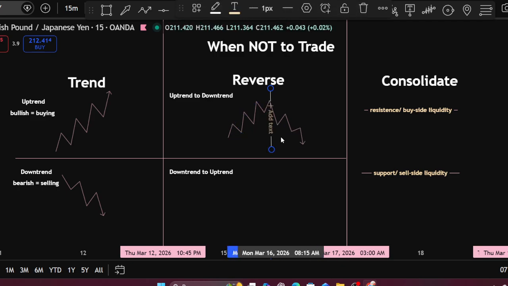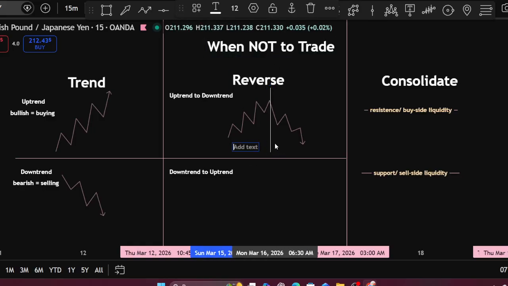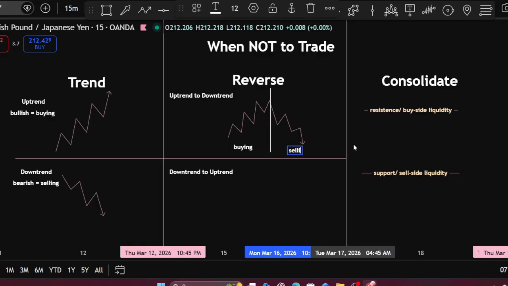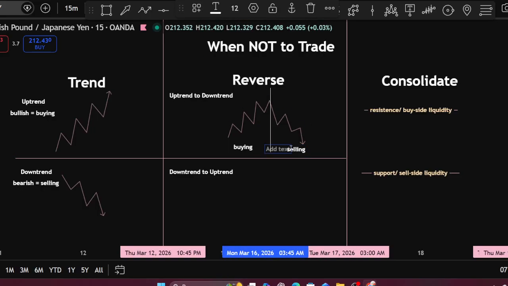So I'm going to say at this point, it started to do something different. All right, so at this point, we were buying. Then it changed to selling. And I'm also going to put one more wording, changed to.